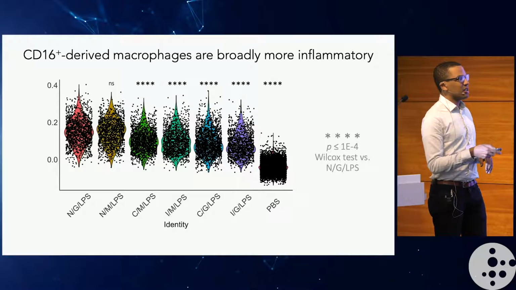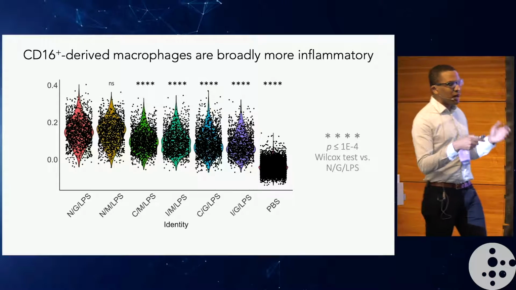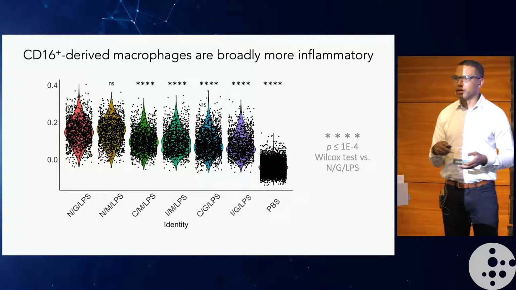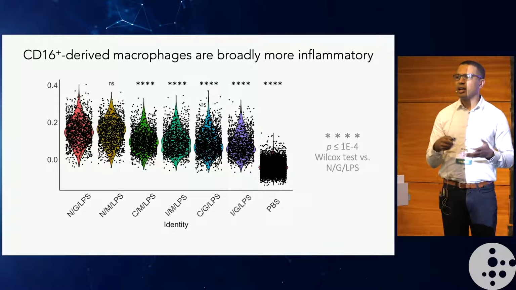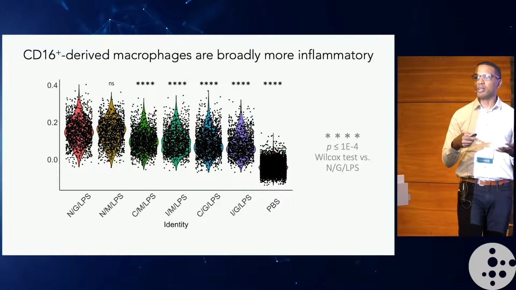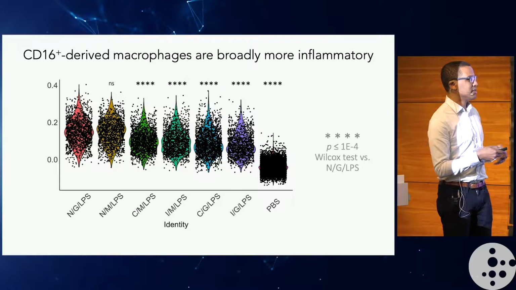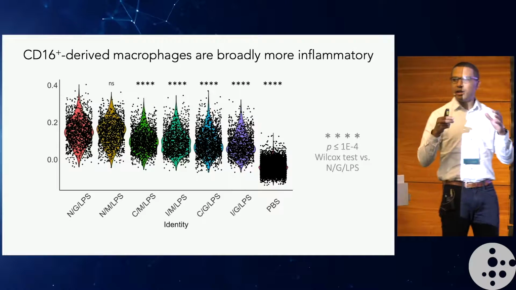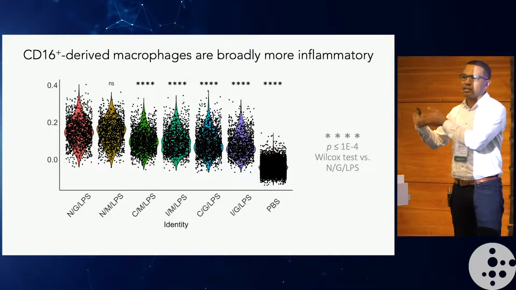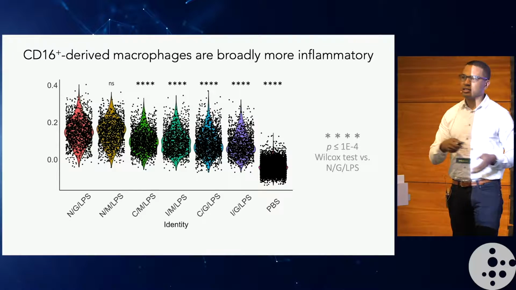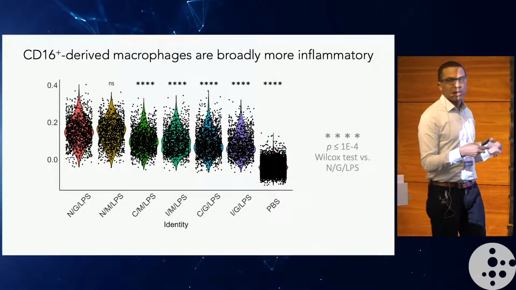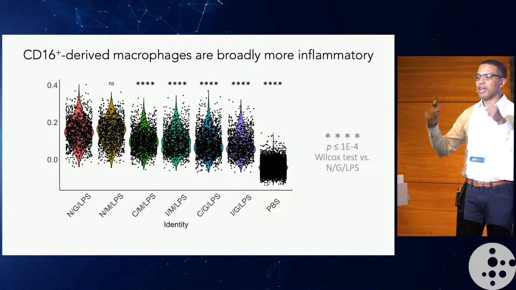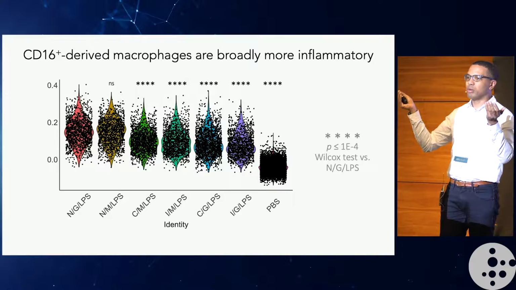And so here what Josh did is he did 12 populations of macrophages by single-cell RNA sequencing and then tried to understand how these different macrophages respond to various TLR ligands. And really what I want to draw your attention to is that independent of the subsequent cytokines that are used to differentiate these macrophages, non-classical monocyte-derived macrophages actually retain highly inflammatory properties.